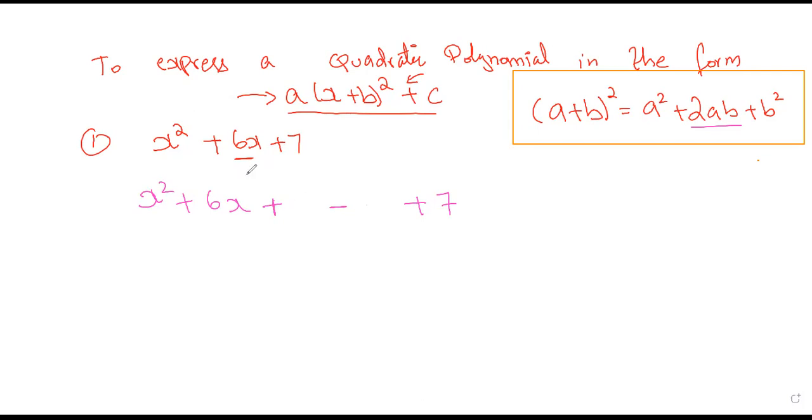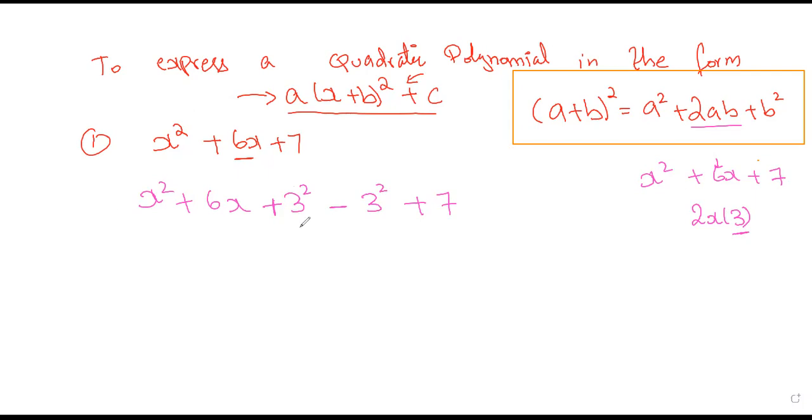So if we have x square plus 6x plus 7, I know that if I write it down as 2ab, this would become 2 into x into 3. This means that my b is 3. So I can add 3 square. You will know why I'm doing this. And I can subtract the same number.